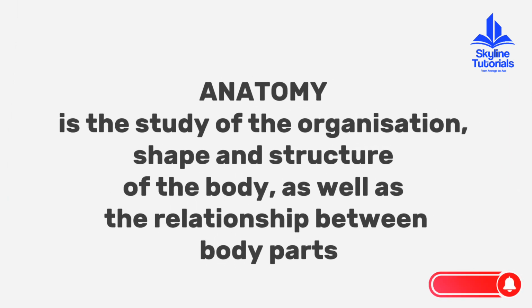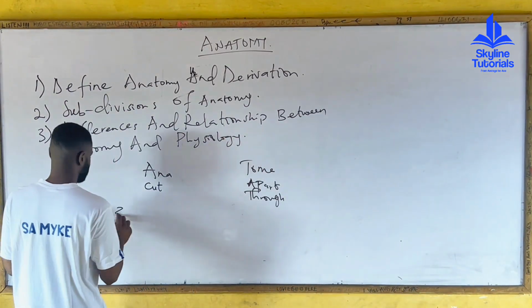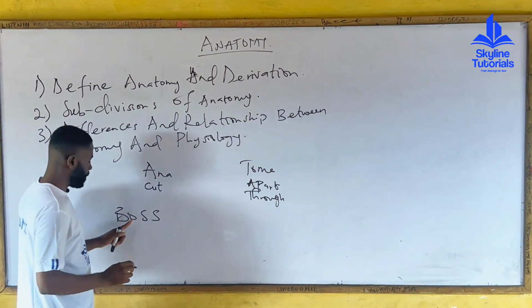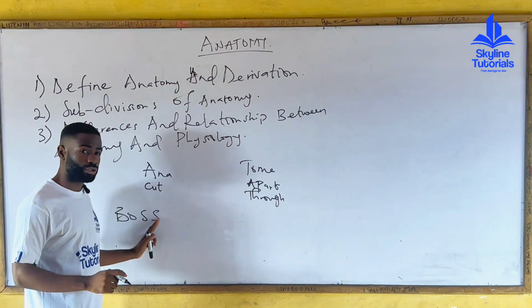Definition of anatomy. Anatomy basically deals with the organization, shape, and structure of the human body in relation to one another. Anatomy is defined as the study of the organization, shape, and structure of the human body. We can abbreviate that as BOSS, the body's organization, shape, and structure.